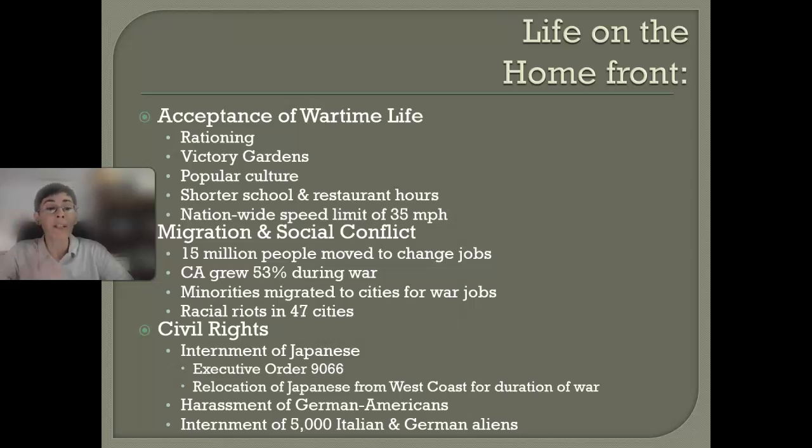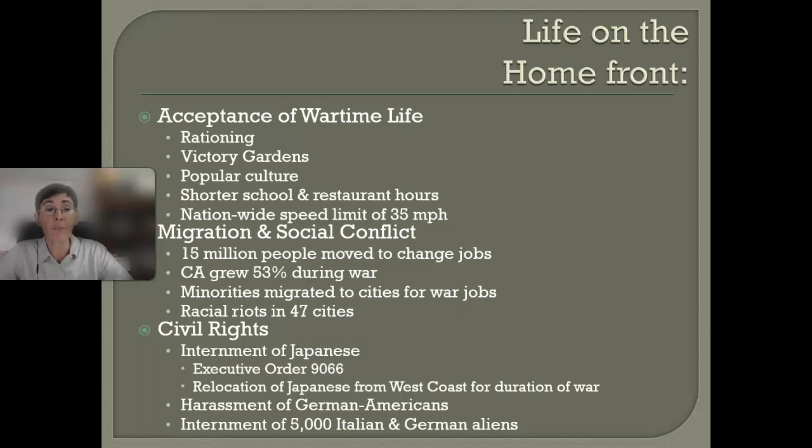When we get to civil rights, one of the worst things in our history is the internment of Japanese. We interned Italians and Germans as well, but we interned actual American citizens that were simply of Japanese descent. And these people were relocated to camps on the West Coast for the duration of the war. This was patently unconstitutional, should never have happened.